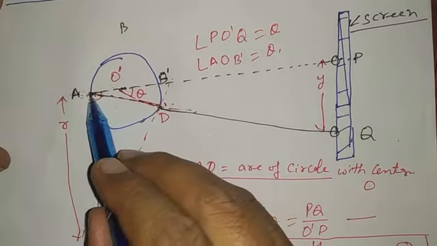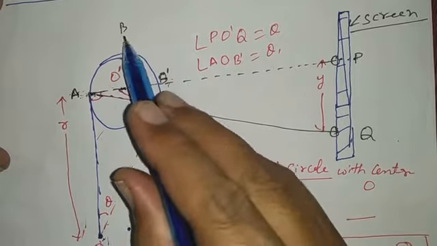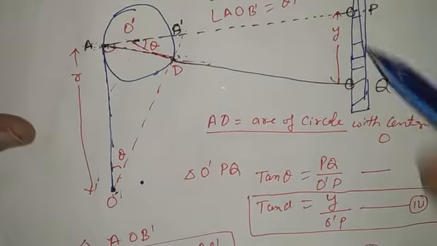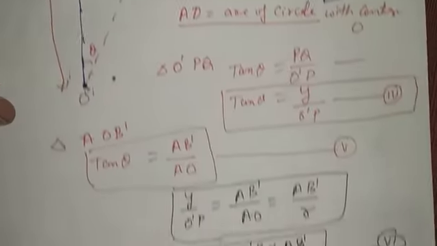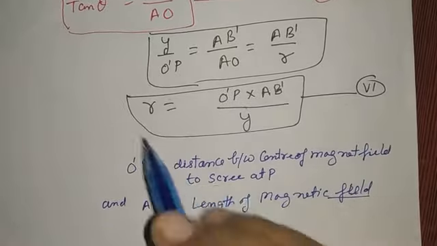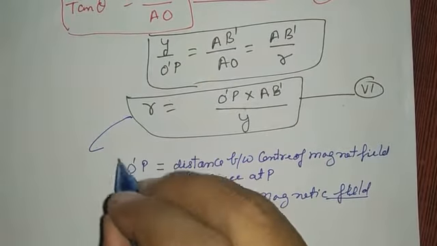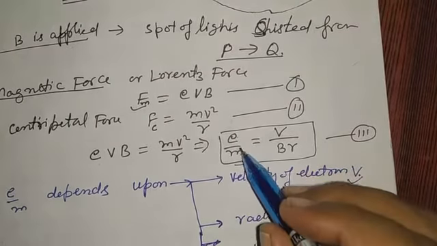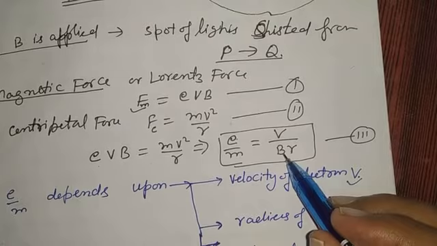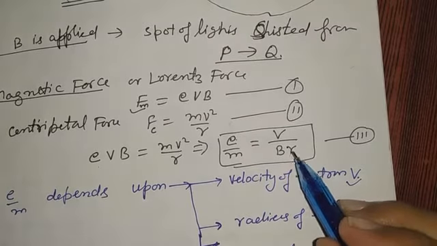By knowing the length of the plate used to provide the magnetic field and calculating the displacement in the diagram, the radius of the circular path can be calculated. So for the determination of E by M, B we have taken. How the arc is obtained is explained.